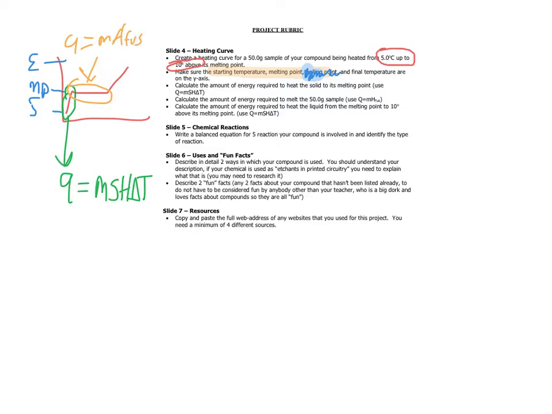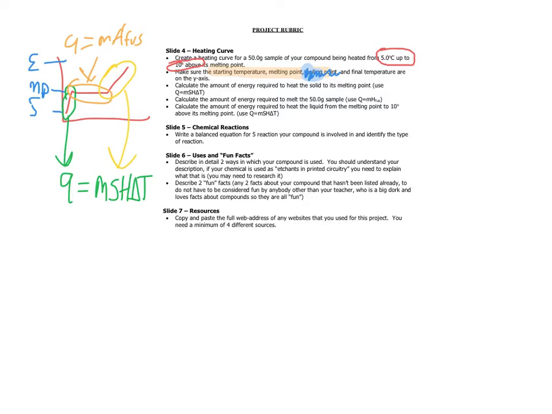And finally, the last one is a different MSΔT. There's going to be a different specific heat because you're using the liquid. If you have trouble finding the specific heats of your liquid, pop into office hours or send myself or Dr. Rogalski a message, depending on who your teacher is, and we will try to help you find that.